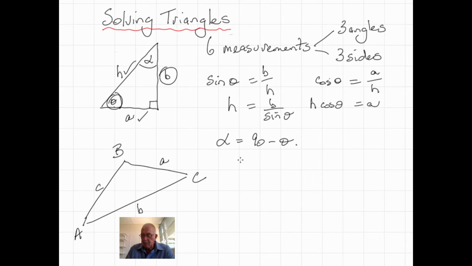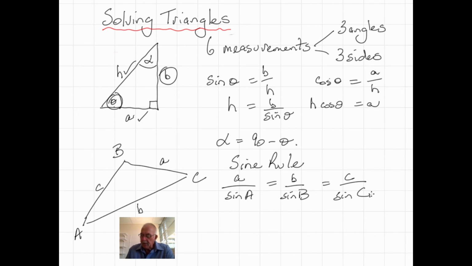There is a rule, and I'm going to do it without proof. It can be proved, called the Sine Rule. It says that side a over the sine of A equals the length of b over sine B equals the length of c over sine C.